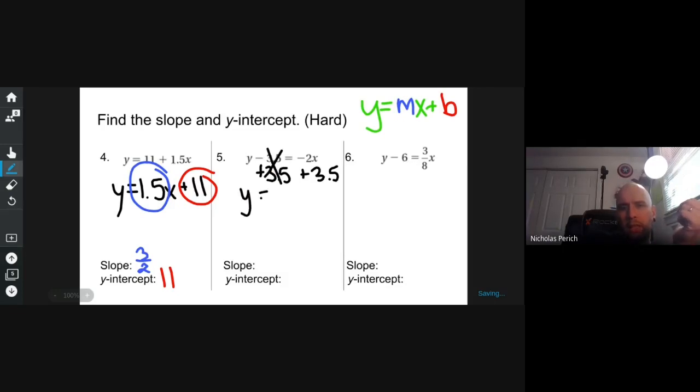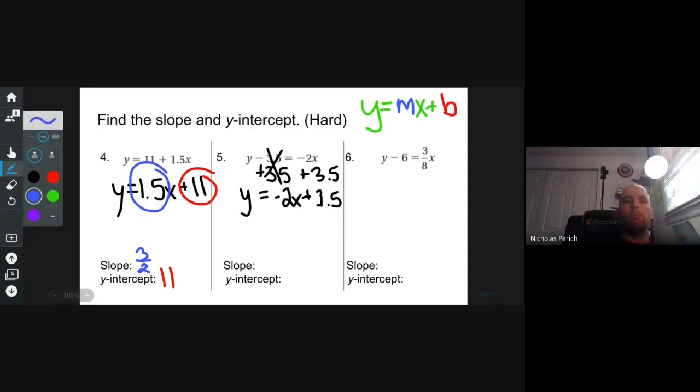Bring down the y. Bring down the equals. Do negative 2x and positive 3.5 combine? No, because one has an x and the other one doesn't. So I'm going to first write out the negative 2x because it's slope-intercept. And then I'm going to write out the positive 3.5.